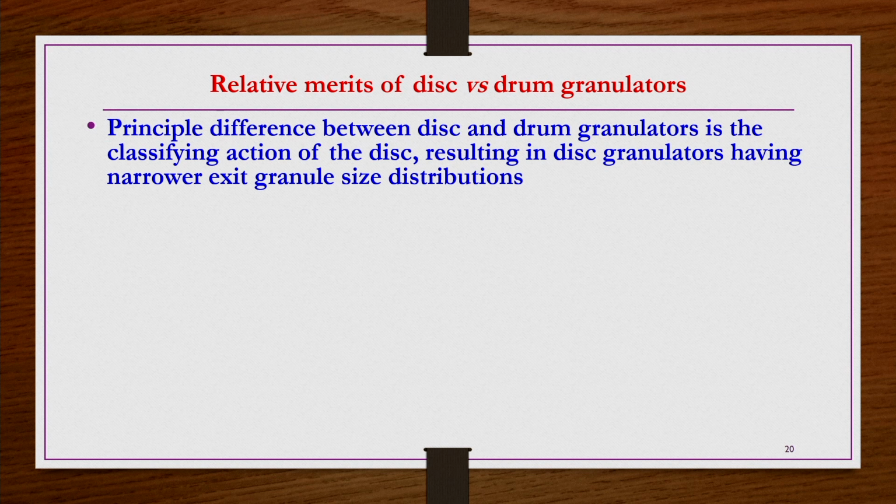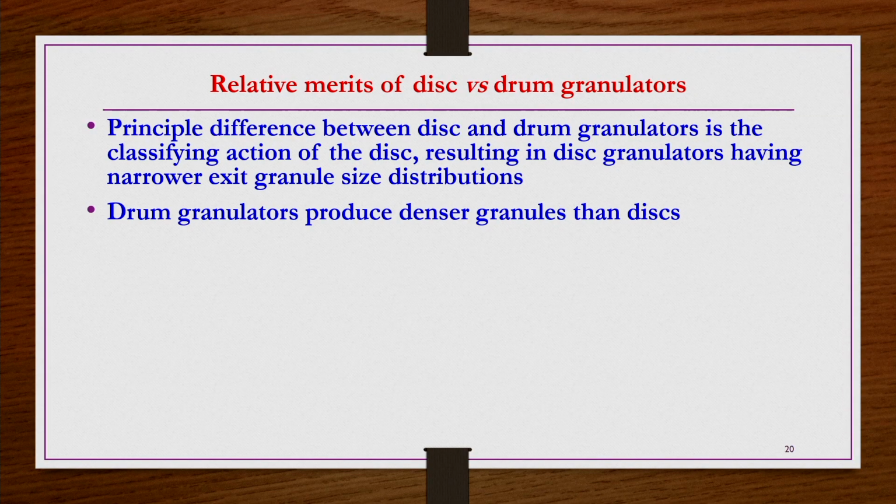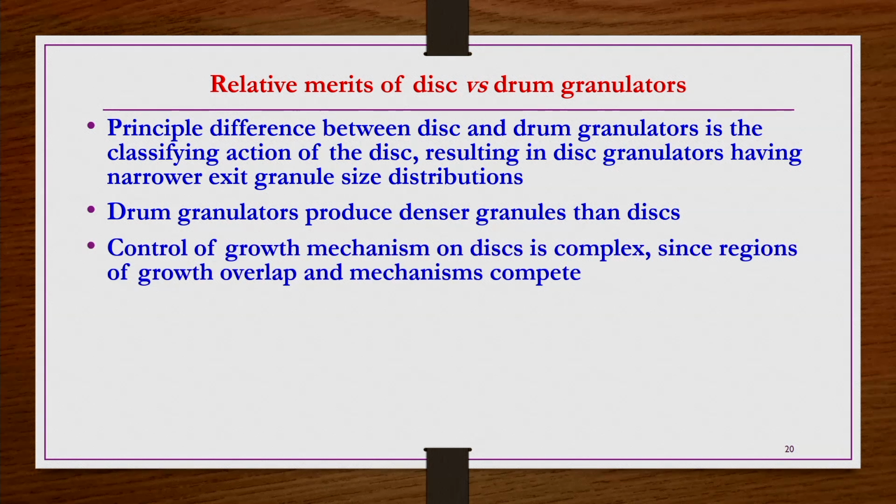Because of that, you can control a narrow product size distribution, very close particle size distribution. So, because of this classifying action, disc granulators give narrower exit granule size distributions. However, drum granulators produce denser granules than the disc.